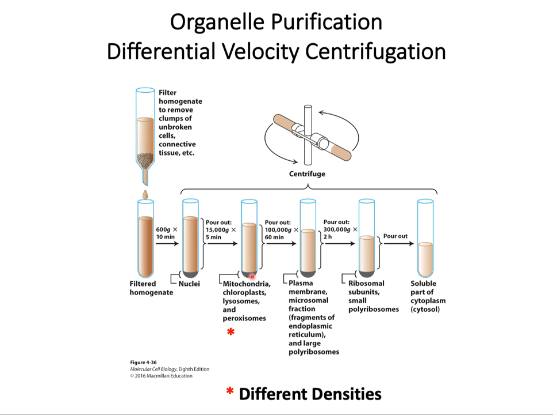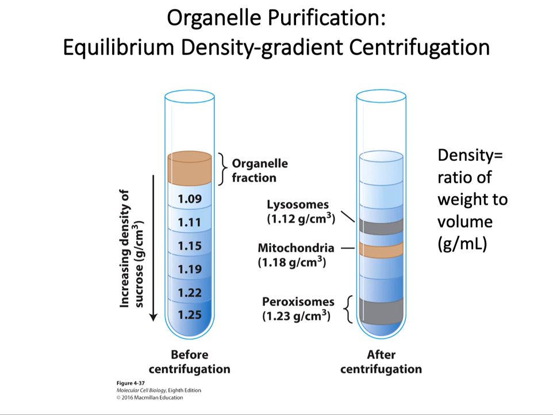So let's focus on this pellet that contains mitochondria, chloroplasts, lysosomes, and peroxisomes and see if it can be purified even further. All of these organelles have different densities, and you can take advantage of another type of centrifugation known as equilibrium density gradient centrifugation.